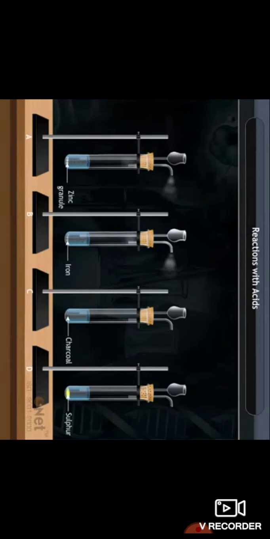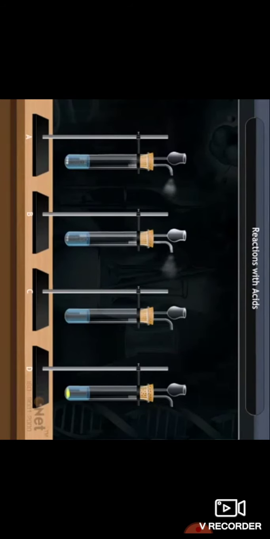We heat all four, but still there is no reaction after heating. Now you can see we are bringing a matchstick in front of the released gas, and it burns more intensely. But in the case of non-metals there is no reaction.